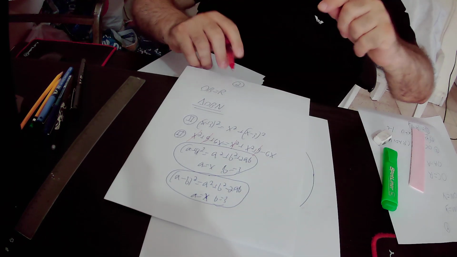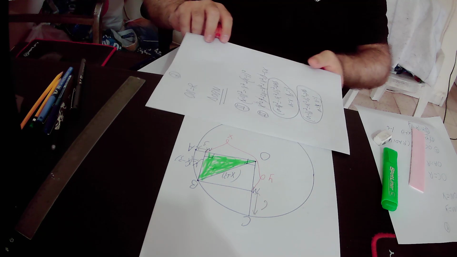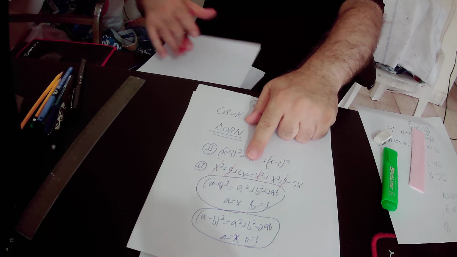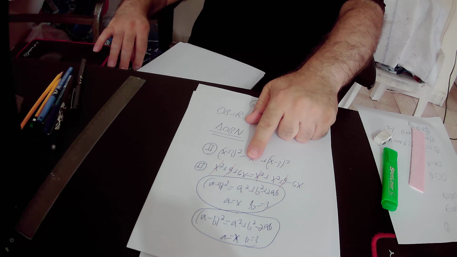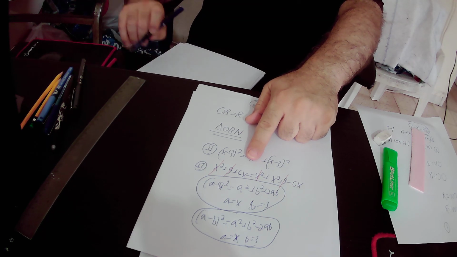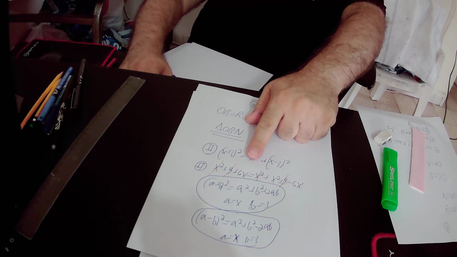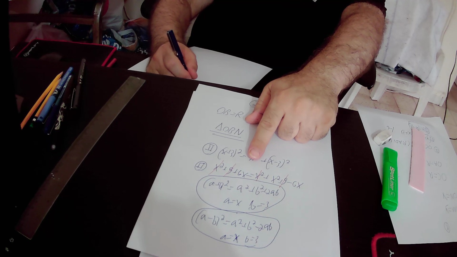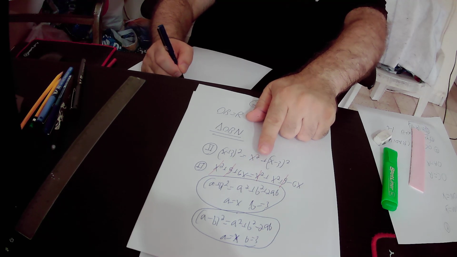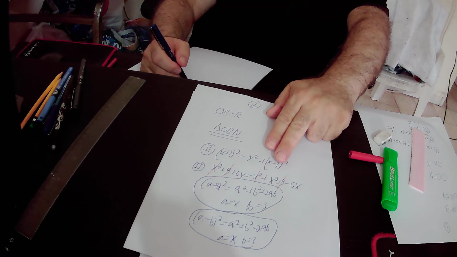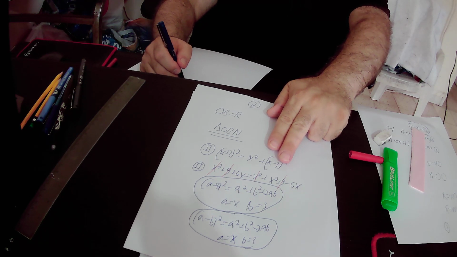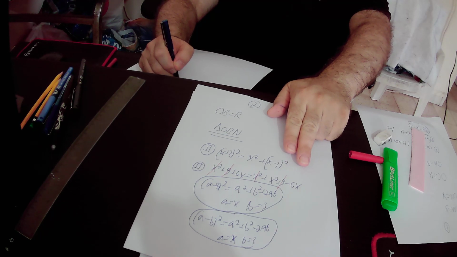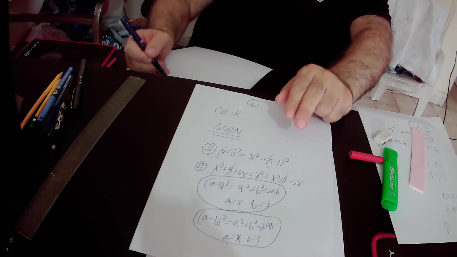So what is left from the second equation is that on this side of the equation we are left only with 6x, and on the other side of the equation what is left is x squared minus 6x.